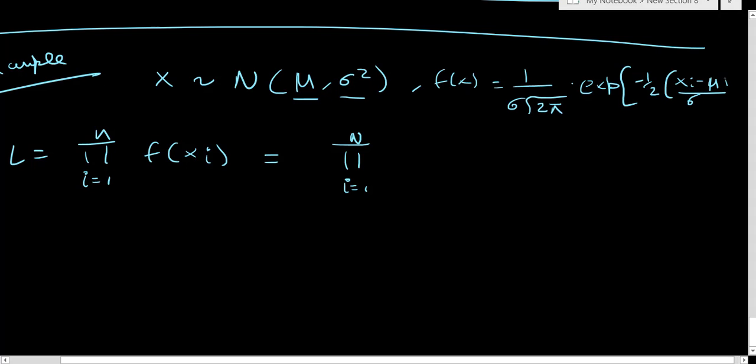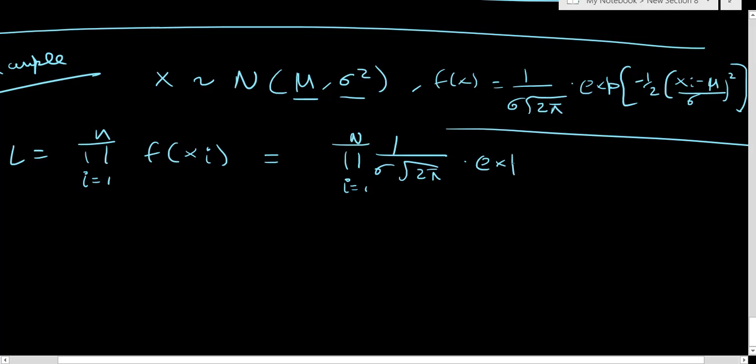This is given in the tables, you know that, right? So this is the probability function for a normal distribution, and I'll be using this here. So this is 1 over sigma root 2 pi into the exponential function of minus half (xi minus mu over sigma) whole squared, and this is what we need.